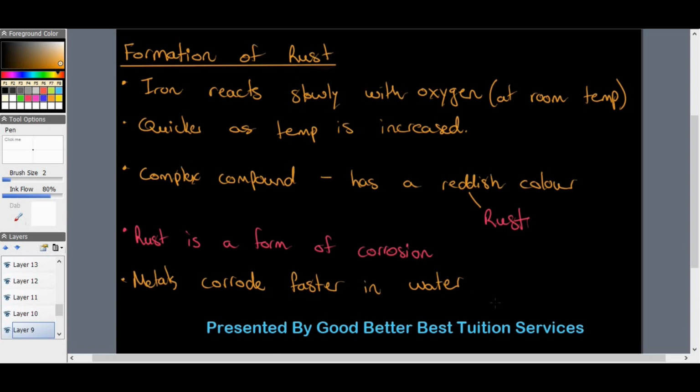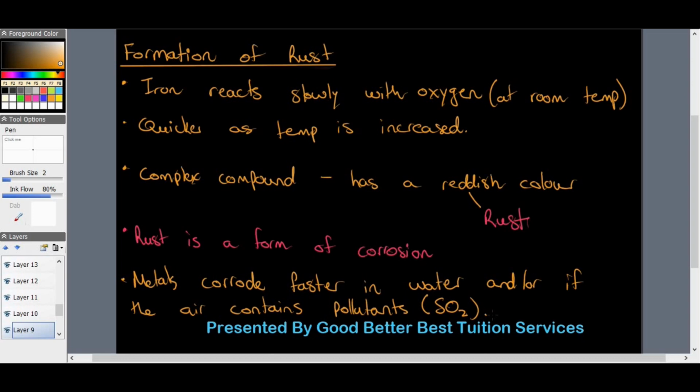They corrode faster in water, or if the air contains pollutants, which is a key word there. An example of a pollutant is sulfur dioxide, which is very acidic.